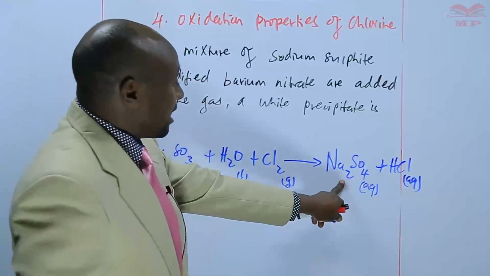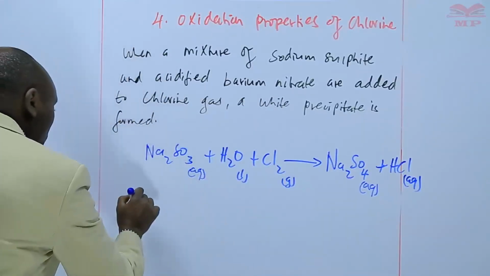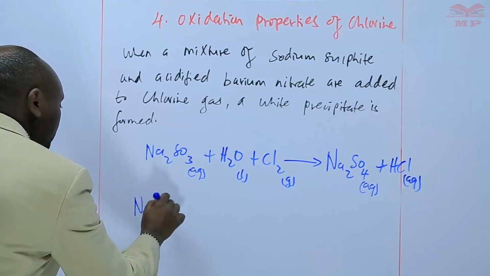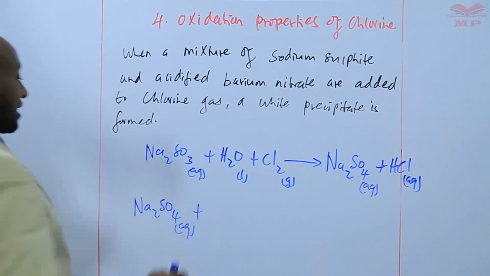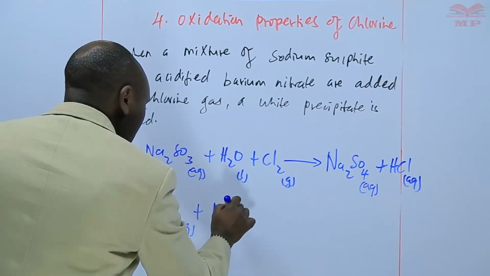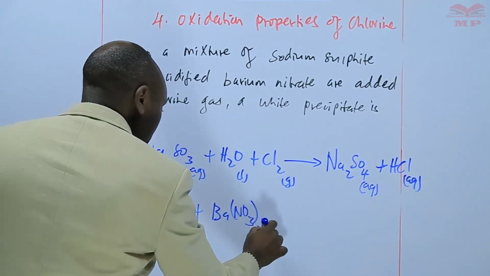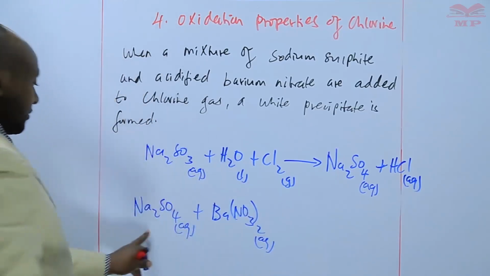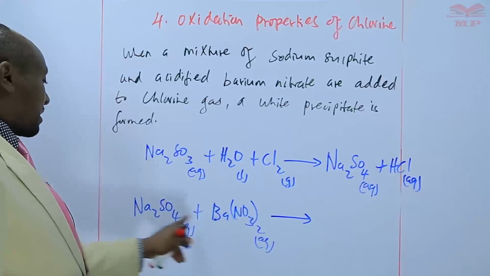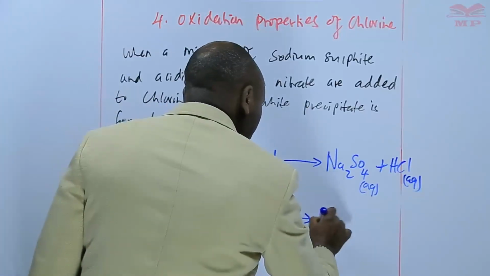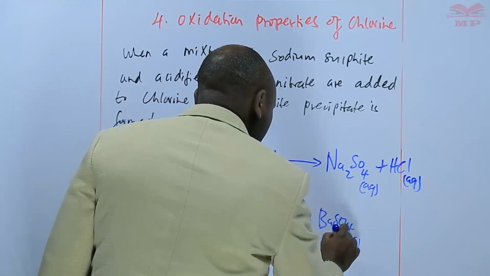Then the sodium sulfate that is formed is further reacted with acidified barium nitrate. Acidified barium nitrate, and this one forms barium sulfate, which is a white precipitate.